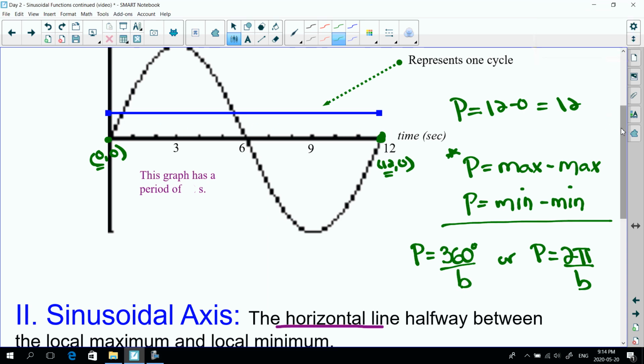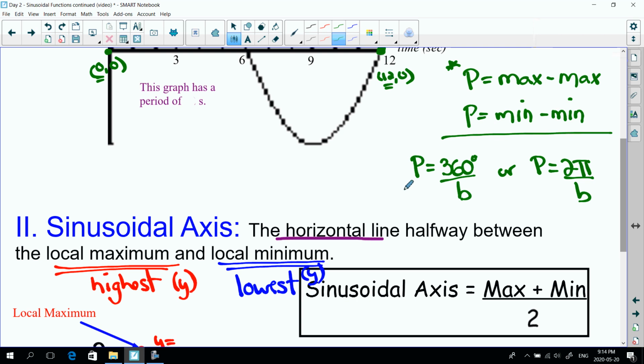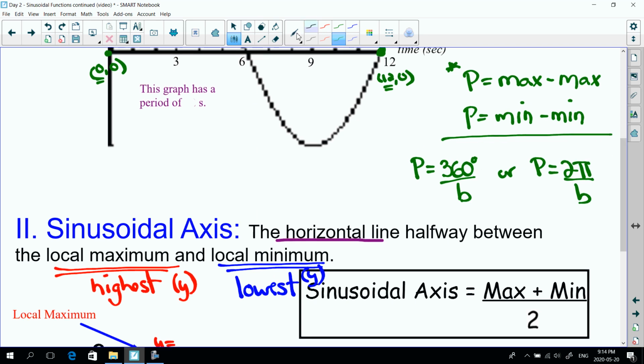If you're given the equation, you can find the period using 360 degrees divided by b if you're working in degrees, or 2 pi divided by b if you're working in radians. That's if you're given the equation, not a picture of the graph. All right, and if we erase this, we can see the period is 12.